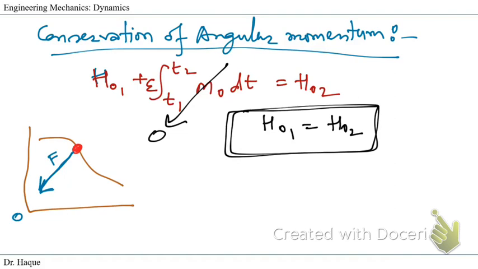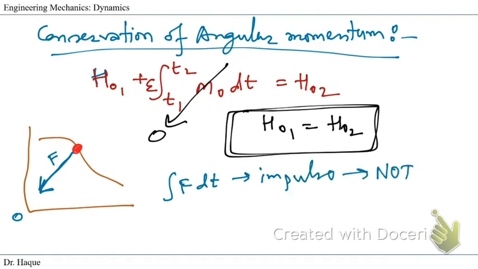In this case, the impulse is not 0 because there is a force F acting. So the summation of the integral of F dt is the impulse, which is not 0.